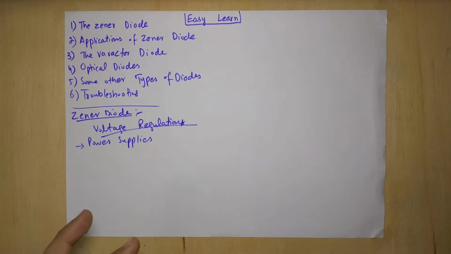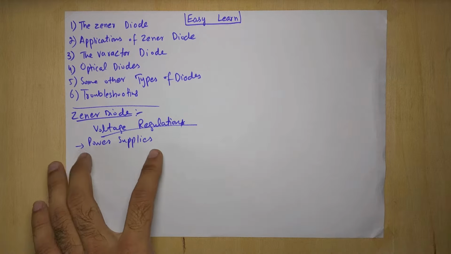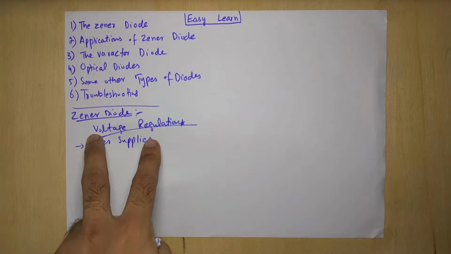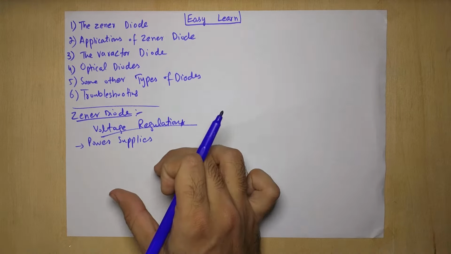For a constant power supply we use other things, but when we talk about the Zener diode, this voltage regulation by Zener diode is not very good, but it's a cheap way of providing voltage regulation. So it's not preferred, but it's a cheap way.